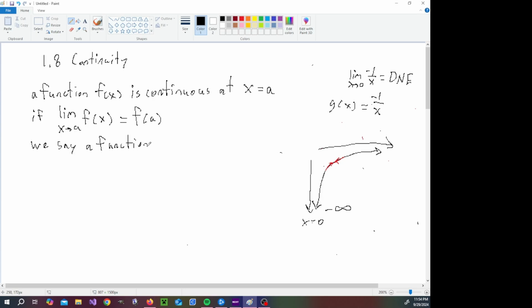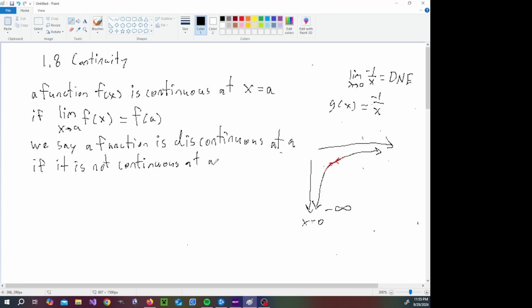We say a function is discontinuous at a if it is not continuous at a, right?